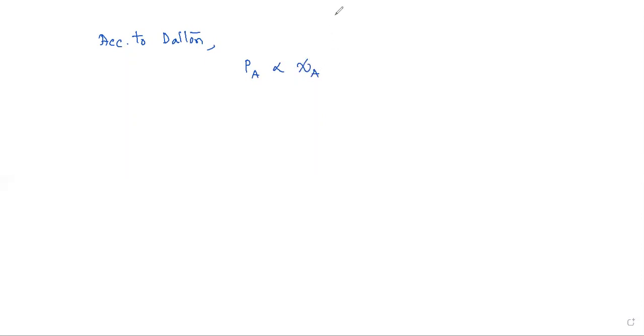Say this PA refers to the partial pressure of gas A in the mixture of gases. I mean, this refers to something in gaseous phase.